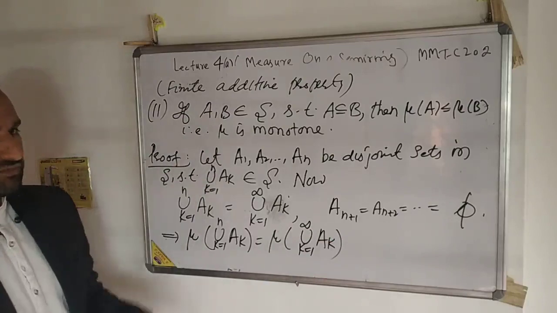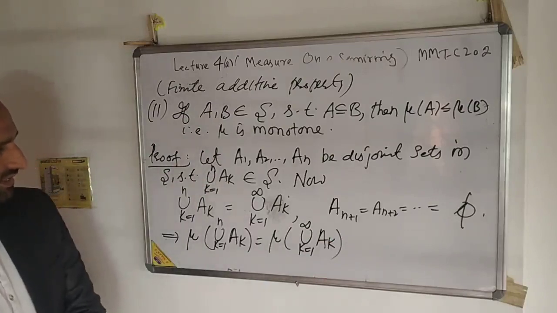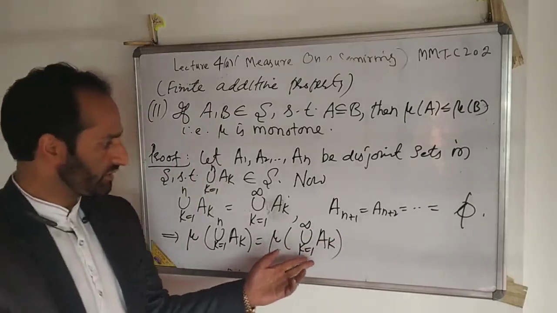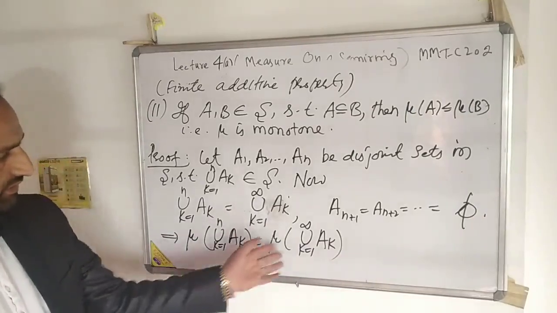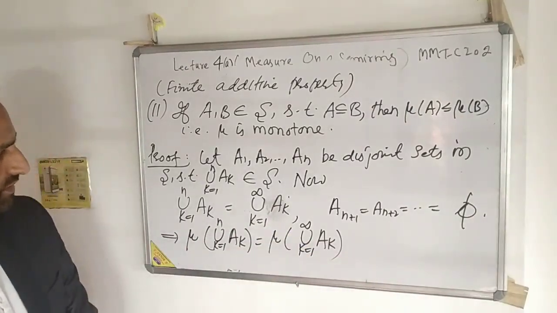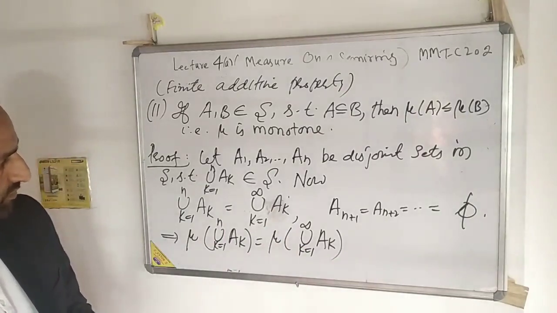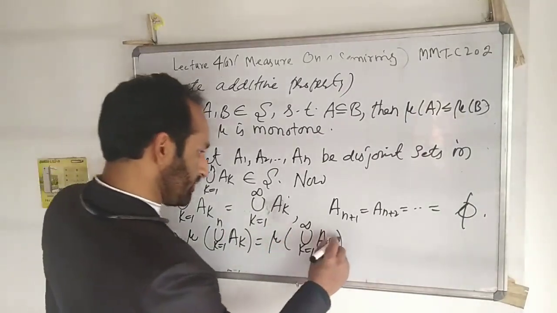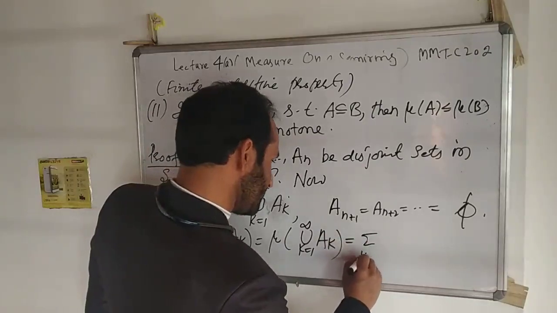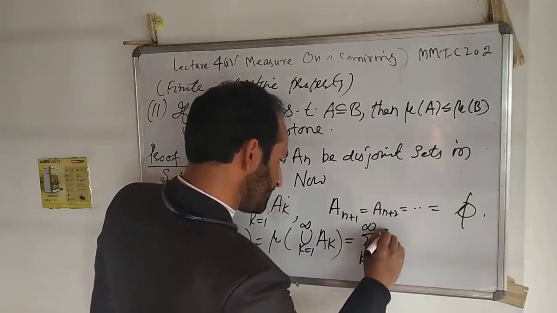But since mu is sigma additive, it's a measure on S, and A1, A2, up to this infinite class are a disjoint class in S. They are disjoint members in S, and therefore this is equal to the summation k runs from 1 to infinity of mu of A_k.